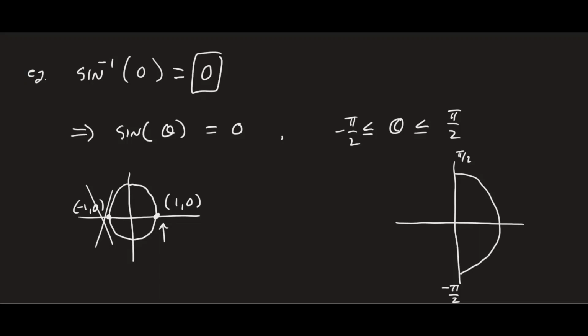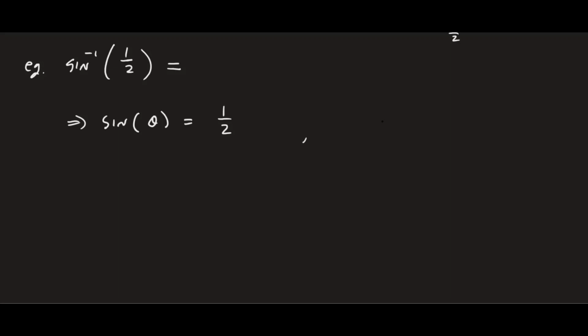All right, so let's take a look at another example. Say we want to find sine inverse of 1/2. What is that equal to? Again, we'll do the same thing. We want to find the angle for which sine gives us the exact value 1/2, and again, we want to make sure that theta is between negative pi over 2 and pi over 2.